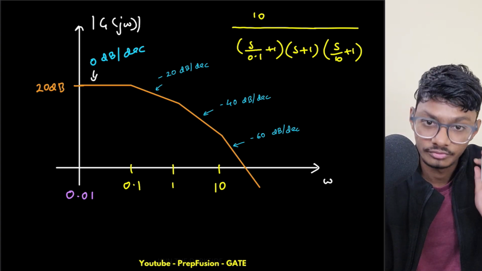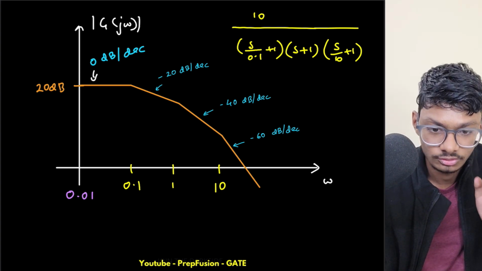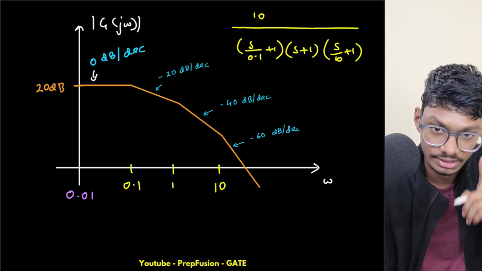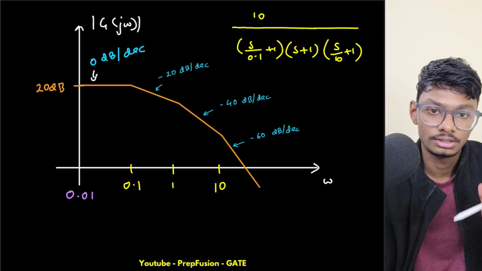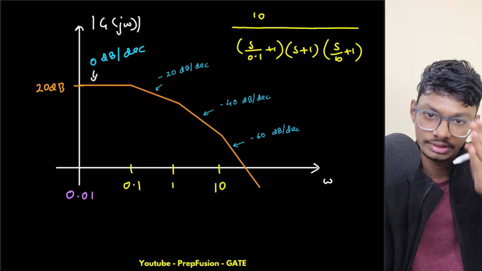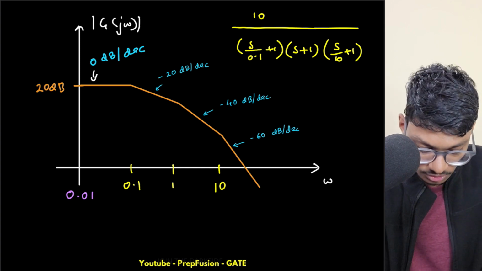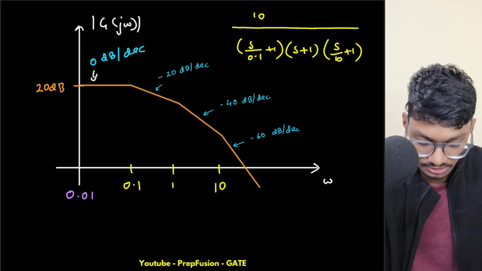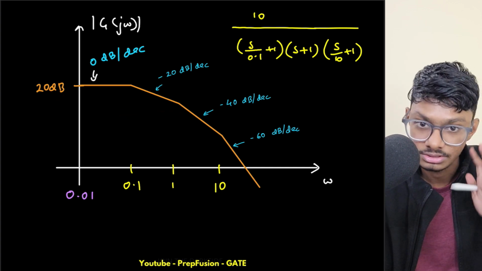Now what we are interested in is to find the gain crossover frequency. So gain crossover frequency is the frequency at which my gain is 1, or in dB scale it is 0. So here I observe it is reducing by minus 20 dB per decade. So for 1 decade it is reducing by 20 dBs. So it was 20 dBs here. So if it reduced by 20 dBs, it becomes 0 dBs.